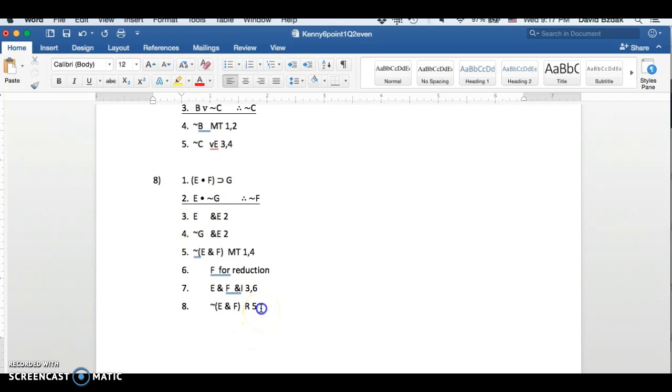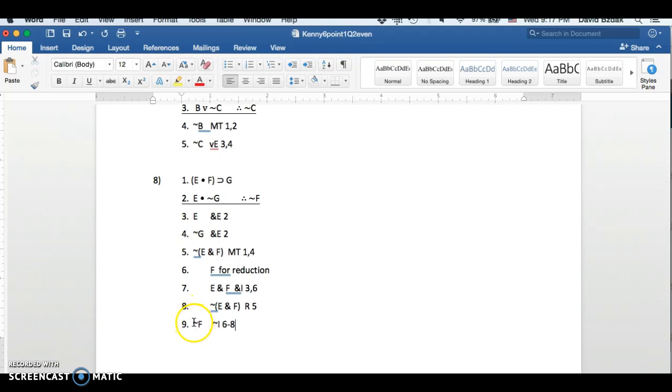That's the contradiction. So now we can go back to the original scope line and we can write not F, and we get that by negation introduction 6 through 8. So the reason it's negation introduction is because our assumption didn't have a negation and our conclusion does.